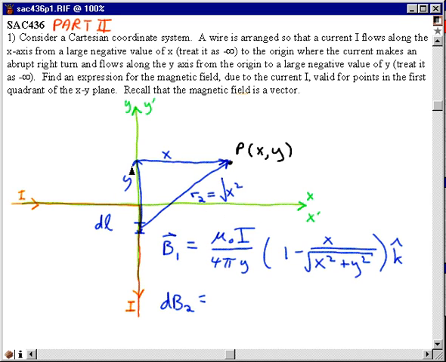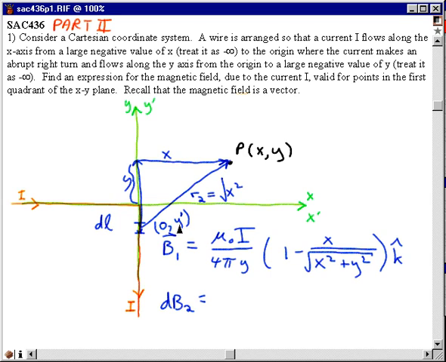And then this distance right here we've got a distance y. We'll characterize the position of the little wire segment that we're dealing with by means of coordinates in the primed coordinate system. So I'll call that position 0 for the x value, or x prime equal to 0, and then just y prime.